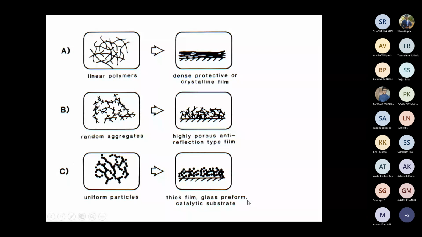So this is according to our need. We should select the pH accordingly. In a particular thin film coating, we don't need the gel, but in the sol also, the initial morphology may decide this final structure.